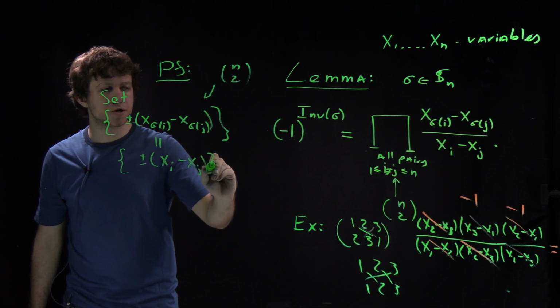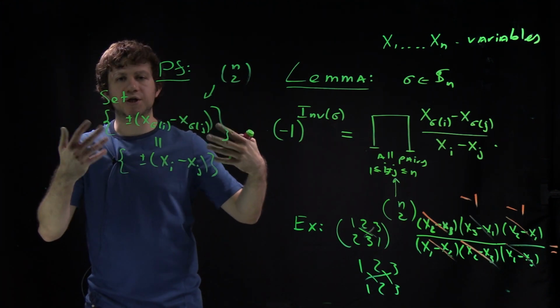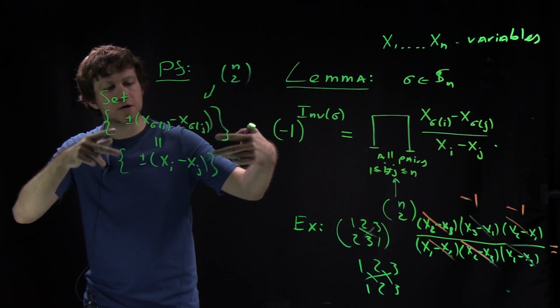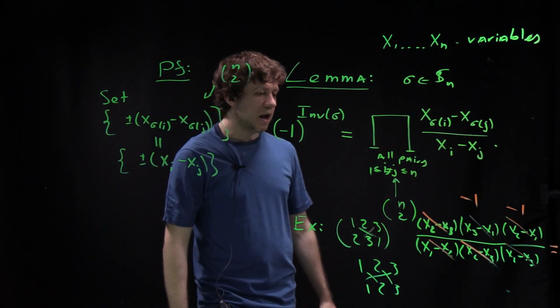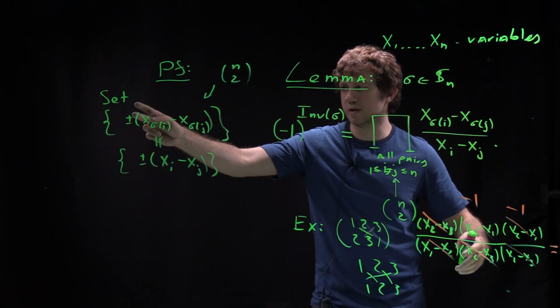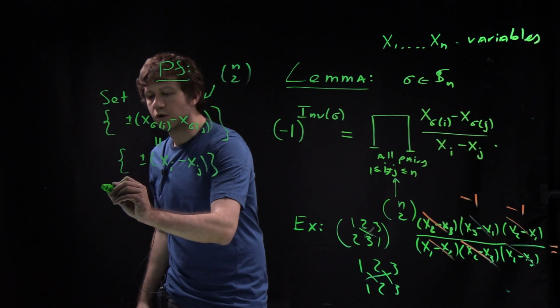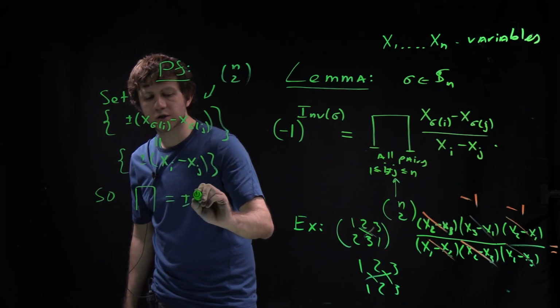Simply because sigma is a bijection of sets, so it's definitely a bijection of pairs of elements there. And so, of course, this is a bijection between my two sets. So the set of monomials is the same if you look at them up to sign. So the product will definitely be equal to plus or minus 1.